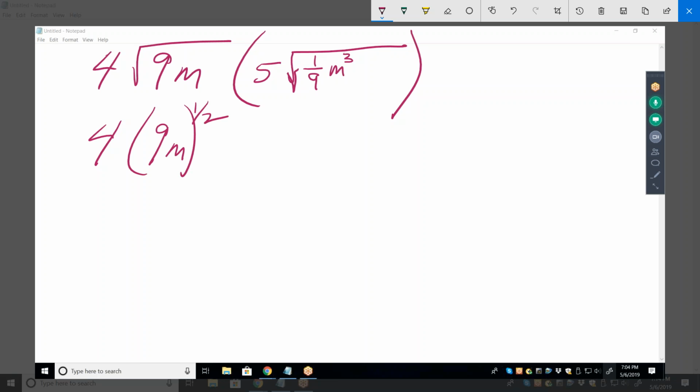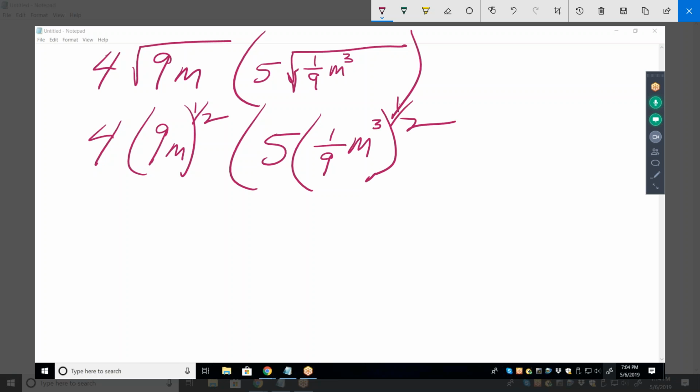Okay. How do I write this? 5 times everything in the radical sign to the 1/2, right? Okay.